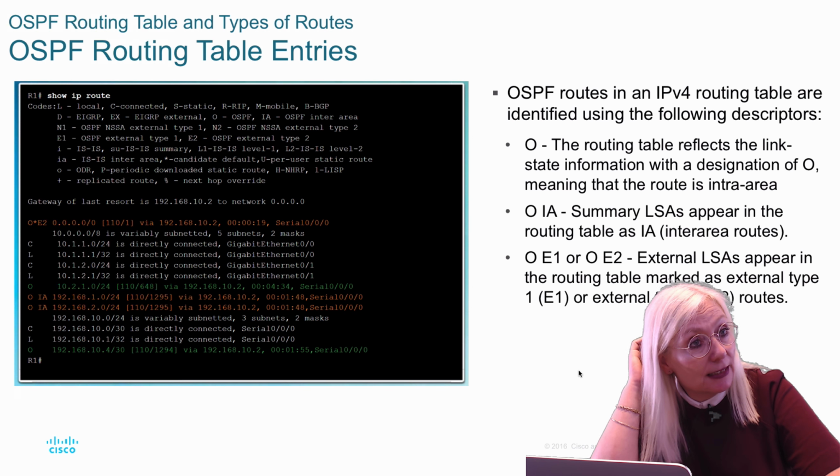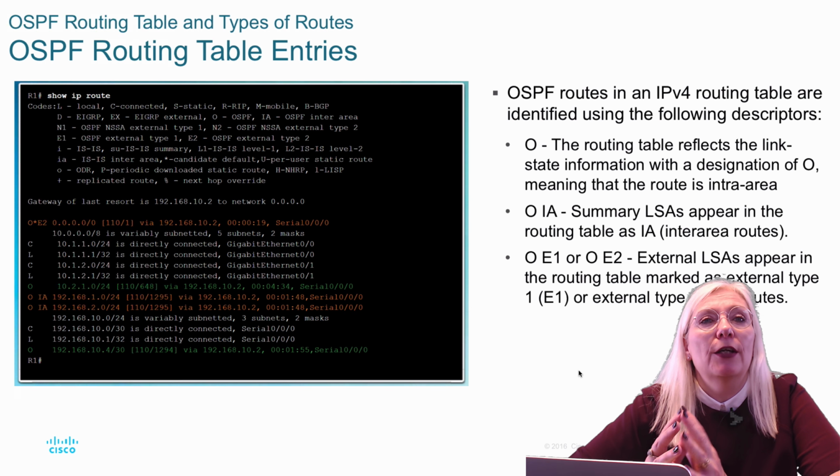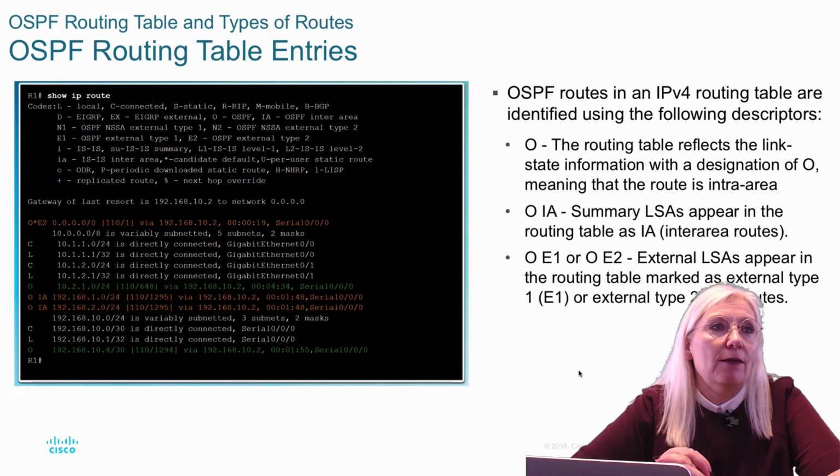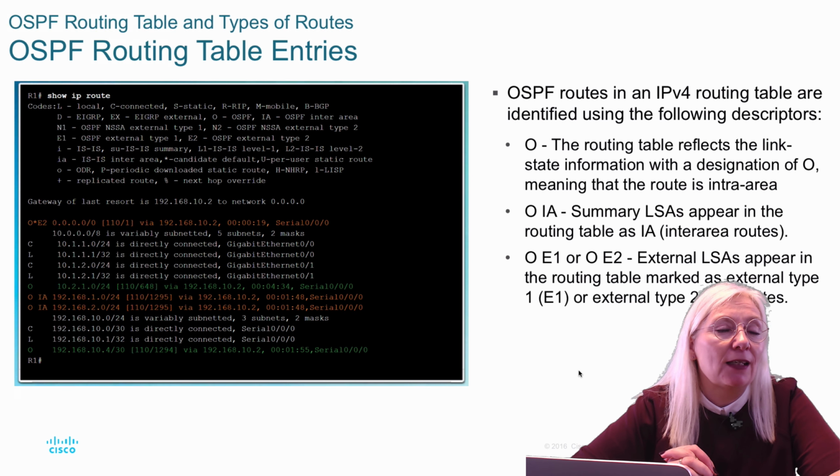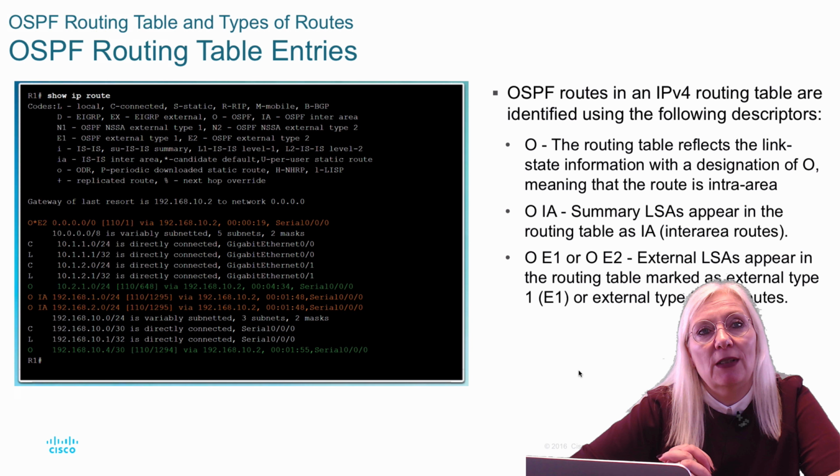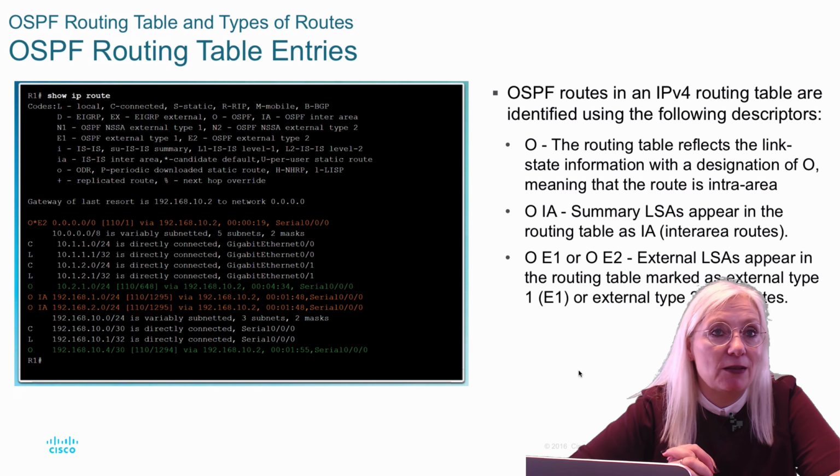Yeah, and we can see, for instance, when we are using show ip route to show the routing information from OSPF, we will see that we have the O in front of it to identify that this is something we learned from OSPF.